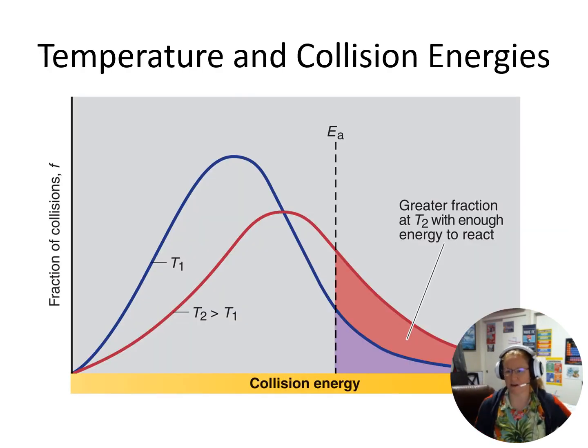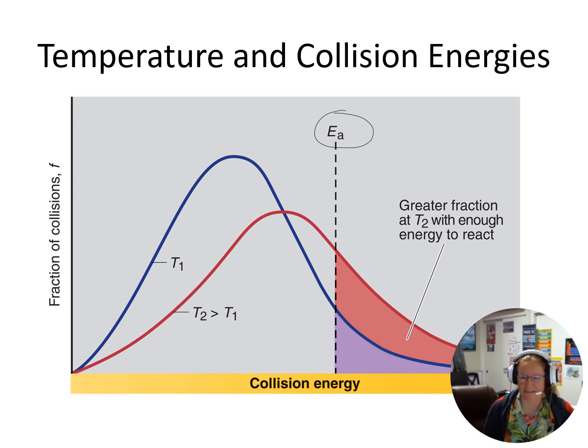All right? And so if I look at this graph here, if I have my second reaction in the red there, I'm going to have more particles that have the right energy in order to react. The dividing line there, so before this E sub A line, those are the ones that don't have enough energy to react.